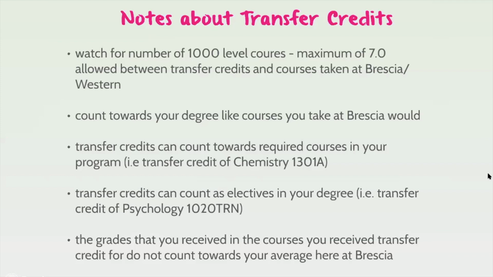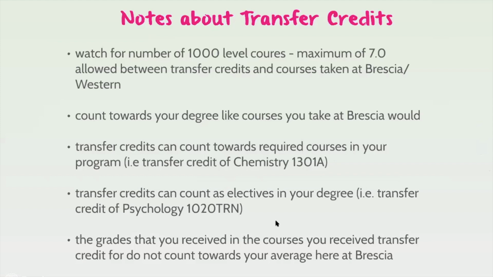And there's a couple of different ways that transfer credits can be applied towards your degree. So they can either be in the form of a specific credit. So maybe you were awarded with Chemistry 1301A, and that is a specific course that we offer at the university. So in that case, it would apply as that specific course because the course content has been assessed as equivalent.